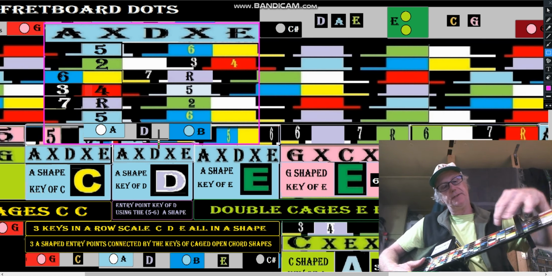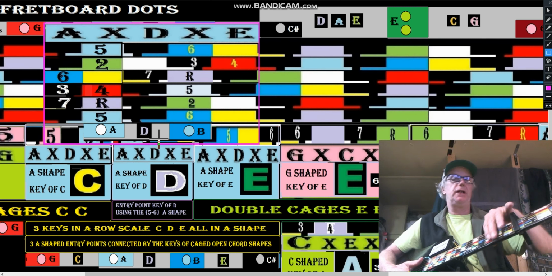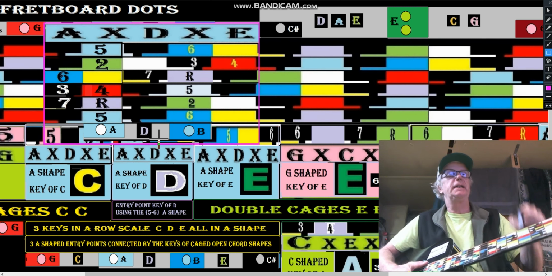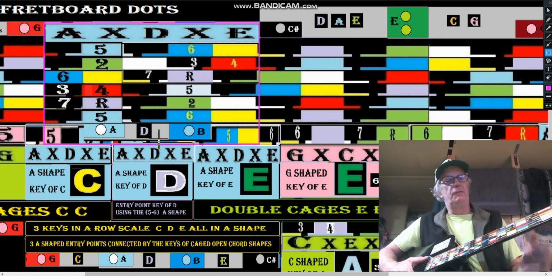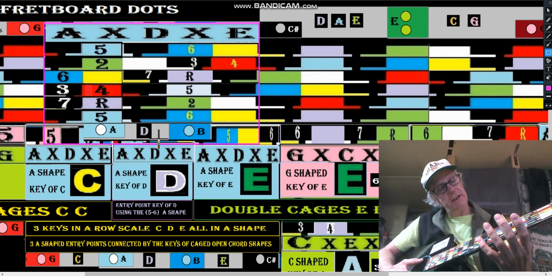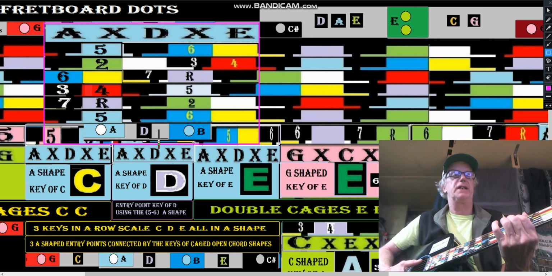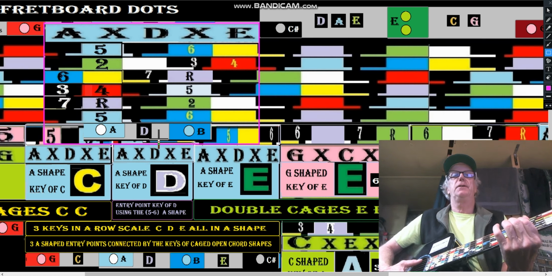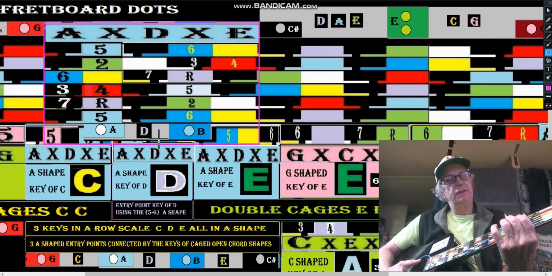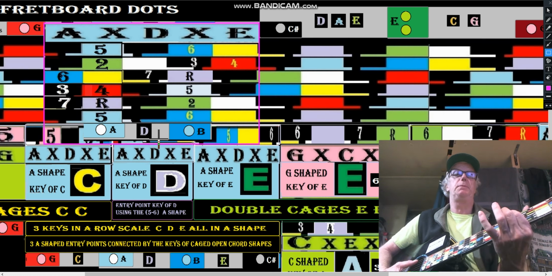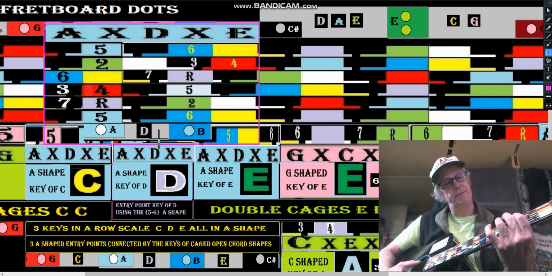Now we can't get the entire D-shaped cage here. I can get it if I take my fret nut off, to get that D-shaped cage. Now we're going to start with the D shape, which starts with the second. The D shape always starts with the second of the key, so E would be the second of D at that point.